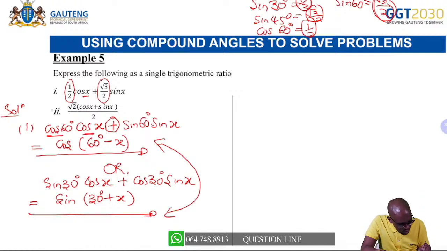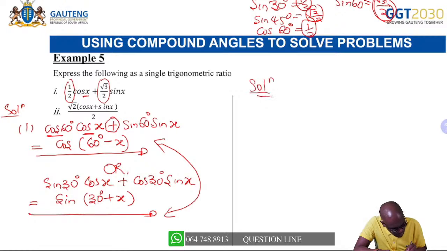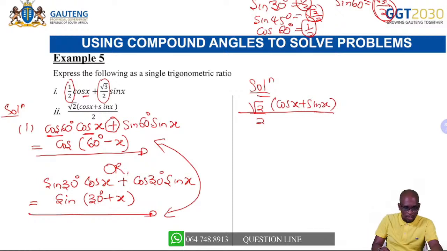Right, now the second one is root 2 over 2 into the cosine of x plus the sine of x. Similar approach.